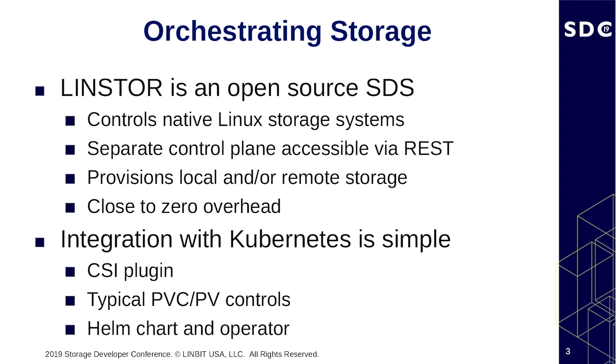And not just because it is a DRBD provisioner, but because it is also an LVM provisioner. It's a ZFS provisioner. It provisions all of these storage objects that you're familiar with in Linux and presents them to, in this case, Kubernetes, to your pods. And so because of that, it has very, very close to no overhead, especially when considering block transports like DRBD.